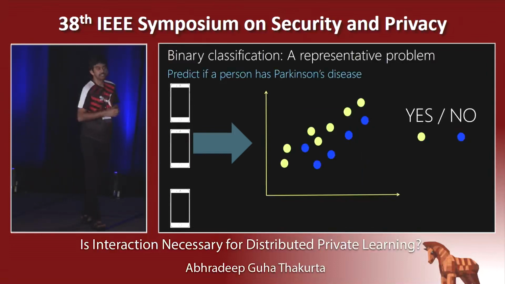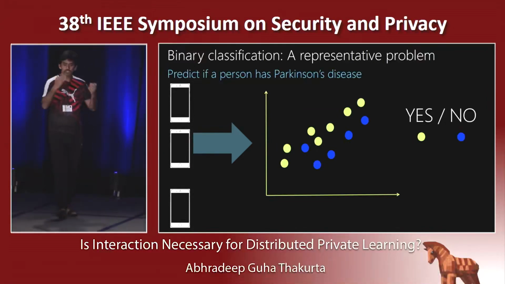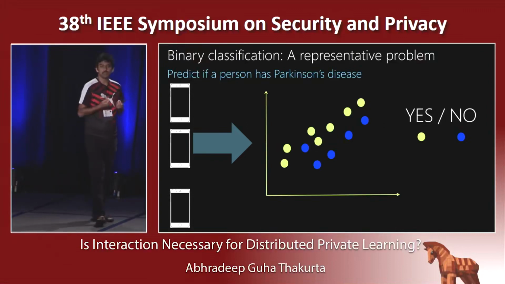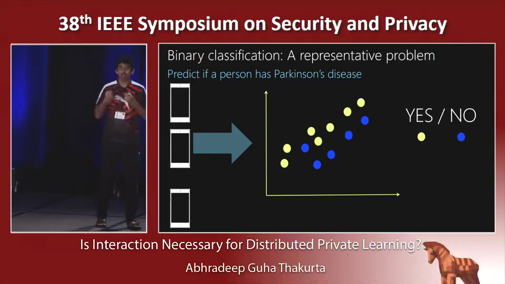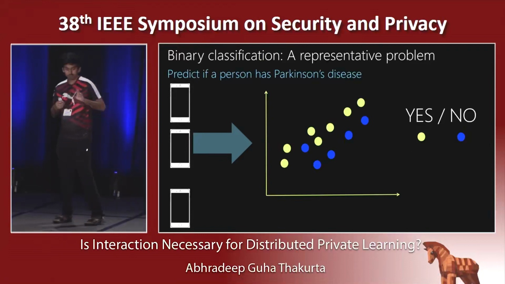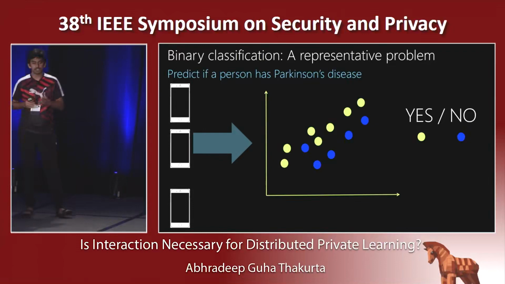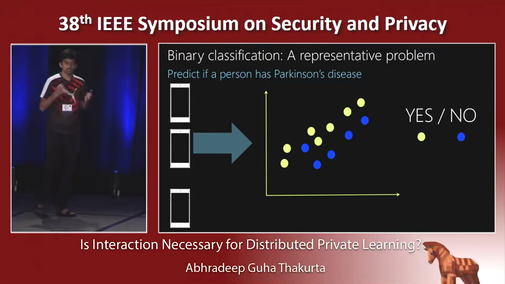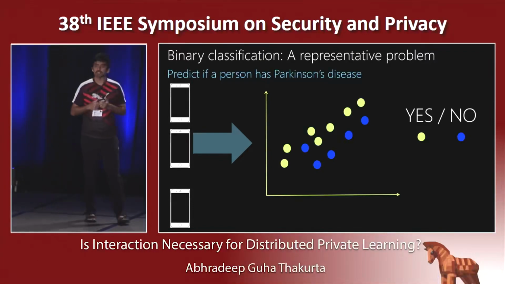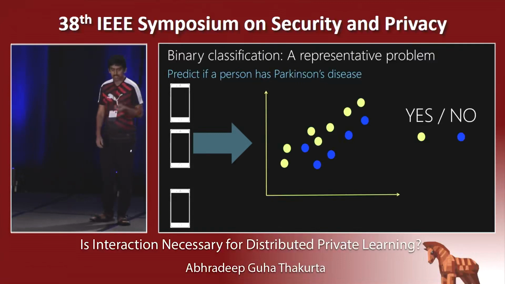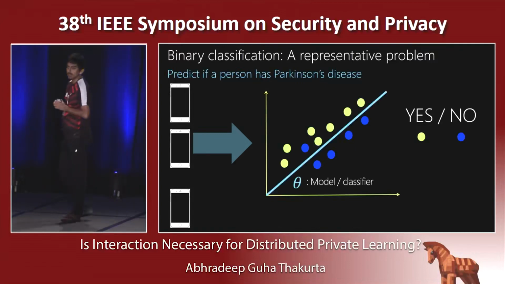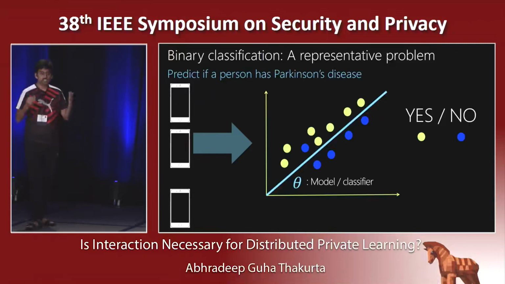You will take a bunch of devices with such information and train a learning algorithm which, let's say, would use the yellow dots to represent the people with Parkinson's disease and the blue dots the people who do not have Parkinson's disease. With a straw man picture, you can put this on a graph with blue points as negative examples and the yellow points as positive examples, and then you try to fit a model or a classifier which separates out the blue points from the yellow points.